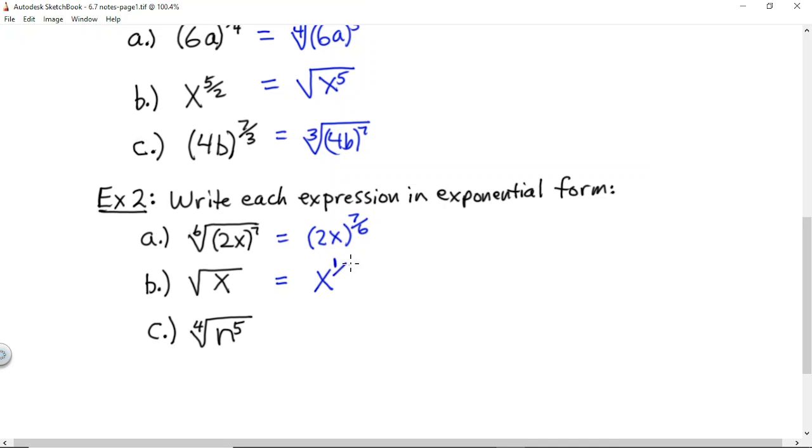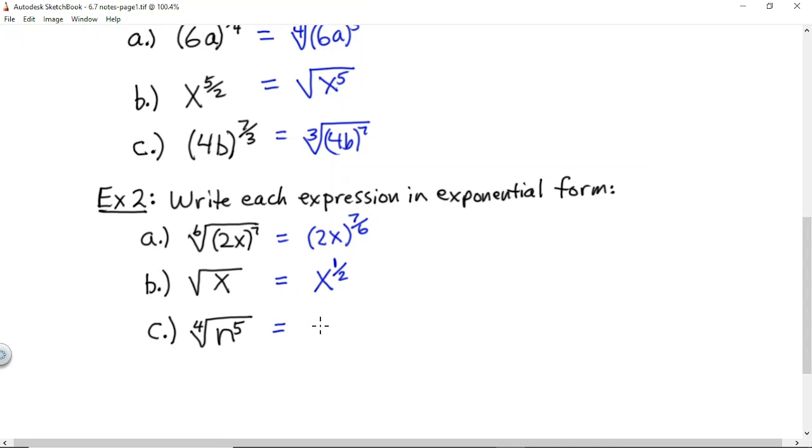The power is 1. The index, the denominator, which is the root, is 2. Now notice the 1 and the 2, neither of those numbers is even there in the radical form, but they're understood, right? Because the power on this is 1 and the index is 2, even though we usually don't write them when we're writing something in radical form. Because with no index at all, it's just assumed to be 2.